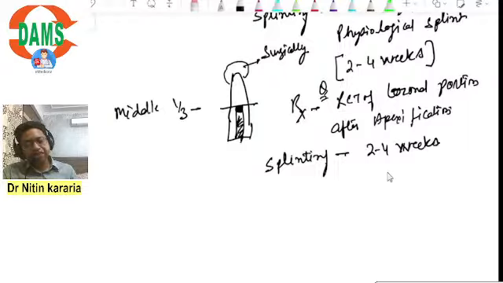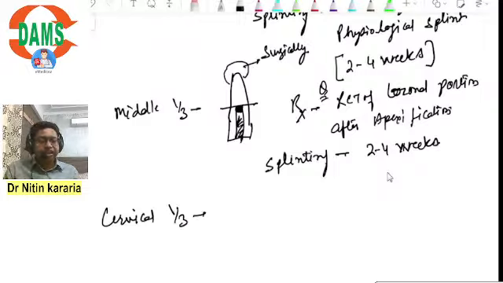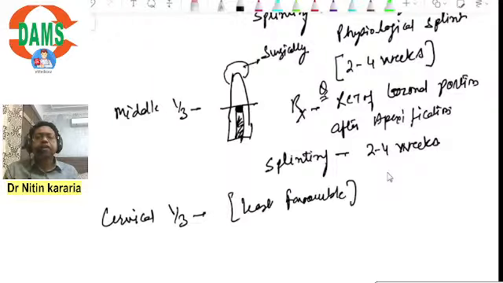Okay, the least favorable type of root fractures are cervical 1/3. They are the least favorable. The prognosis is really poor, and we have to do splinting for 2 to 4 months.